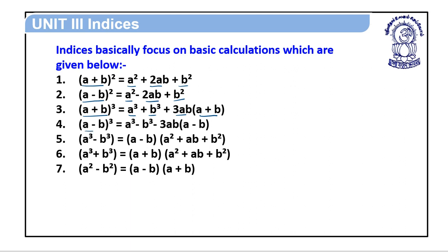Fourth one, (a minus b) cube is equal to a cube minus b cube minus 3ab into (a minus b). a cube minus b cube is equal to (a minus b) into (a square plus ab plus b square). Same way, a cube plus b cube is equal to (a plus b)(a square minus ab plus b square). a square minus b square is equal to (a minus b)(a plus b).